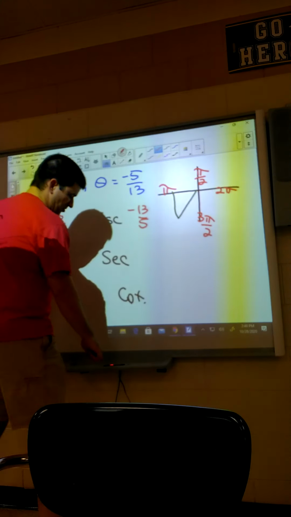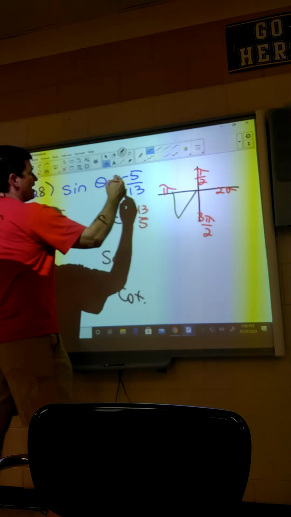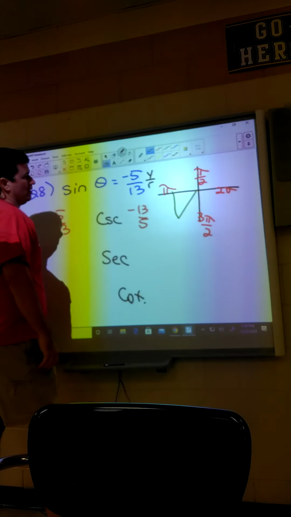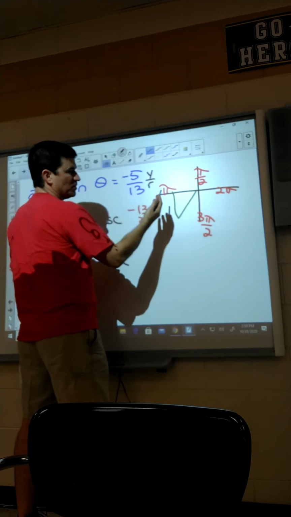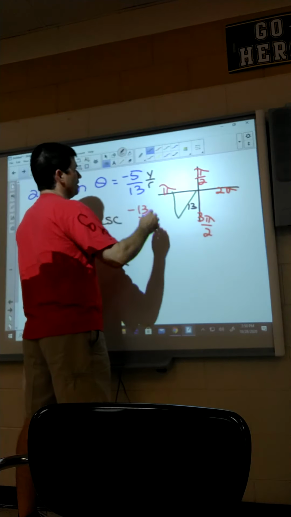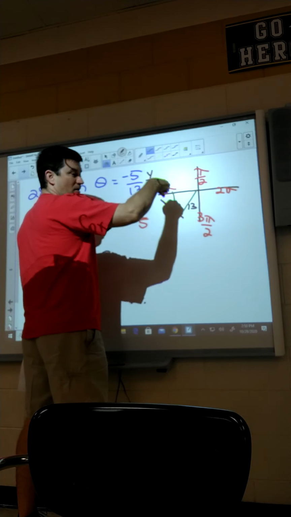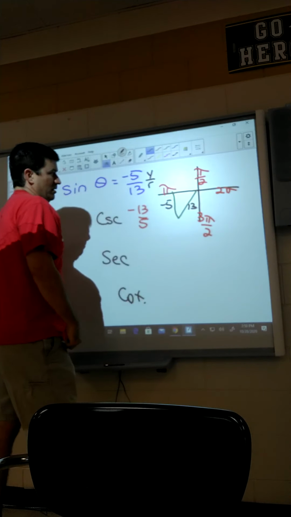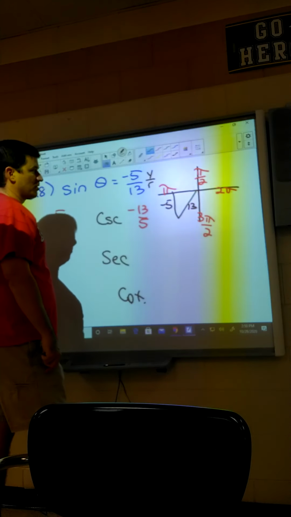All right, we're going to label this triangle now. Sine is y on top over r. Well, r is always the radius, which is always the hypotenuse. So that's got to be 13 on that side. Y is up and down. So this side's -5. Now we got to find this side by doing a squared plus b squared equals c squared.